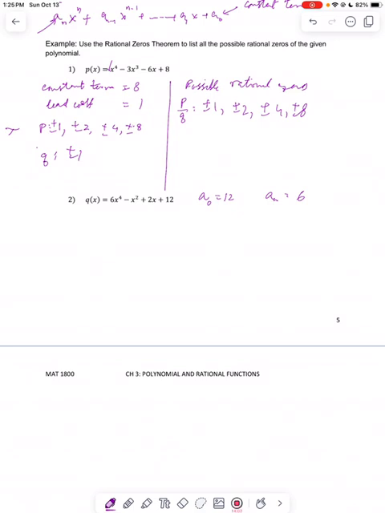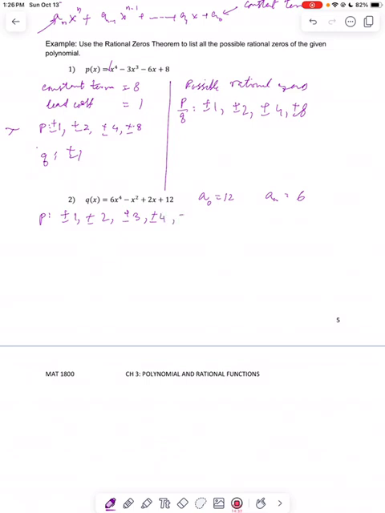P are the factors or divisors of 12, which are 1, 2, 3, 4, 6, and 12. But we write them as plus minus 1, plus minus 2, plus minus 3, plus minus 4, and then plus minus 6, and then plus minus 12.